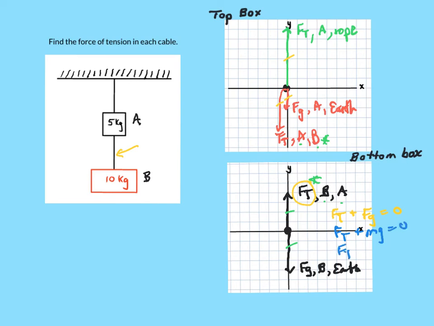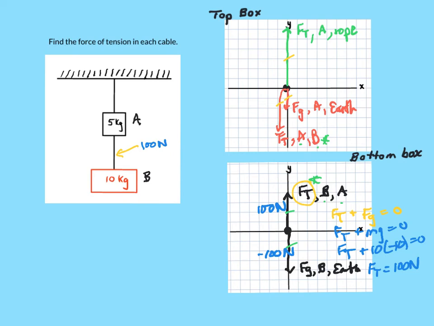Okay, force of tension plus 10 times minus 10 equals 0. Your force of tension is going to be 100 newtons. Okay, so this is the mass. The weight is negative 100 newtons. The force of tension here is 100 newtons. Okay, so this is 100 newtons tension in that cable.